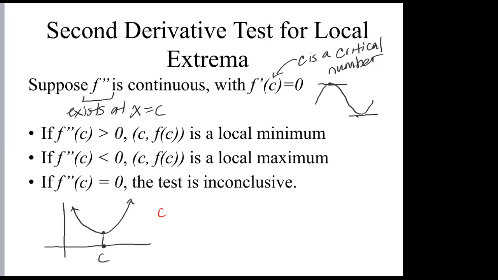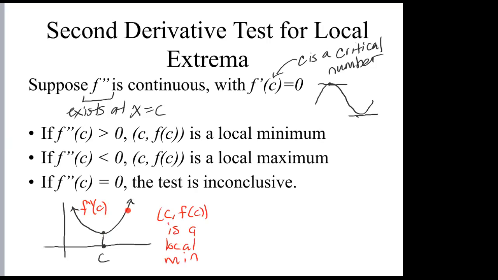Here, c, f of c is a local minimum. And this is the case where that second derivative, f prime prime, at that point c, well, the graph is concave up here.